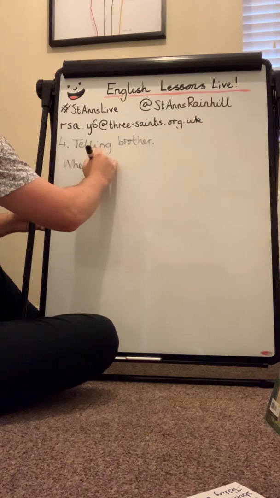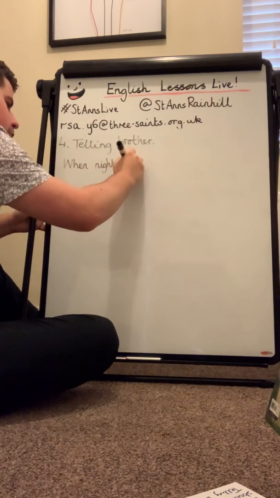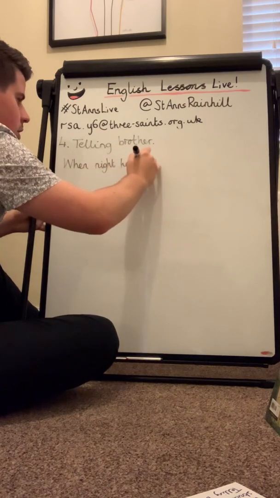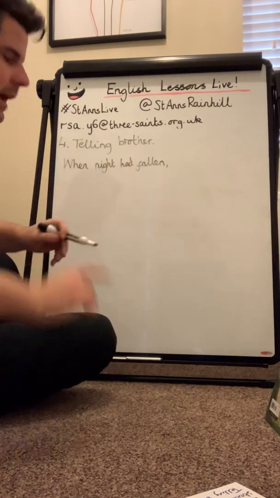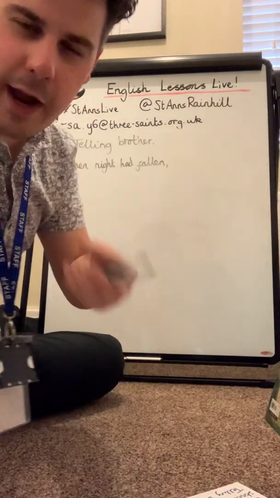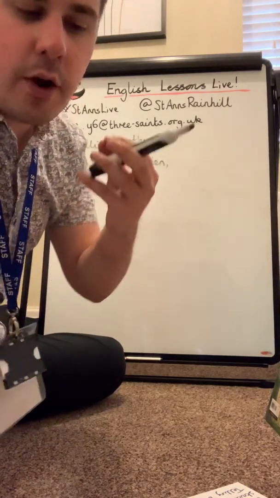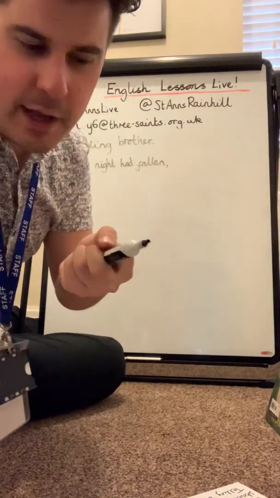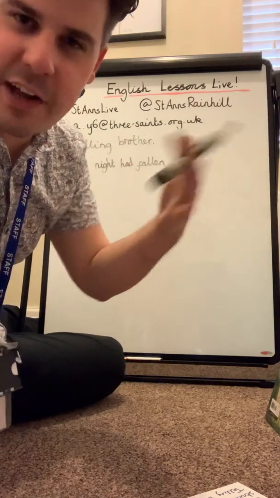When night had fallen, which is definitely a more creepy way of saying when it was night time. When night had fallen, comma, and then we have this idea of Lucy tried to speak. And I'm going to make it clear it's the last one. So I might say, Lucy tried one final time to speak to someone about the adjective sounds.